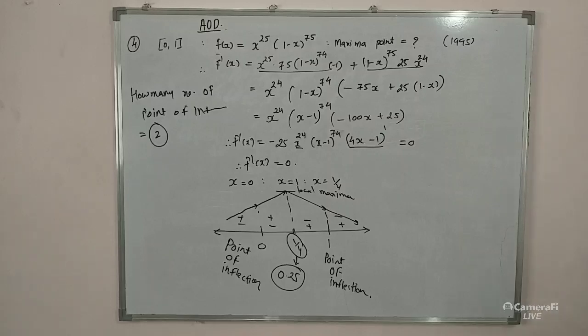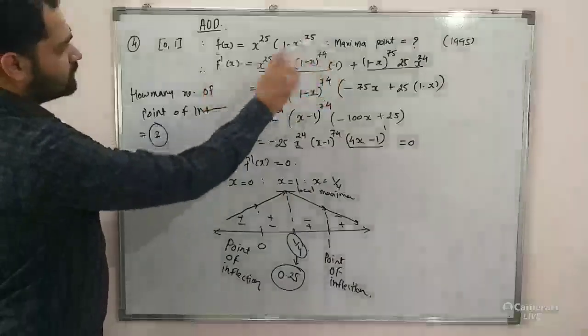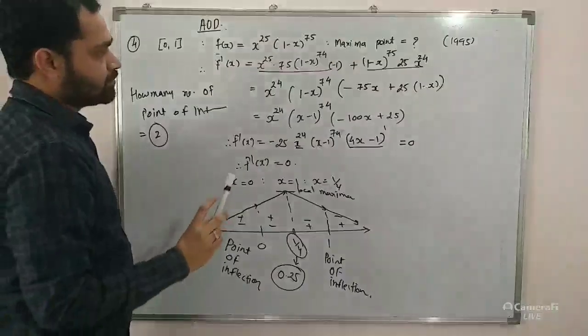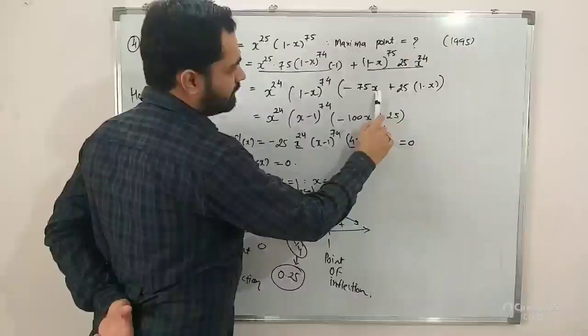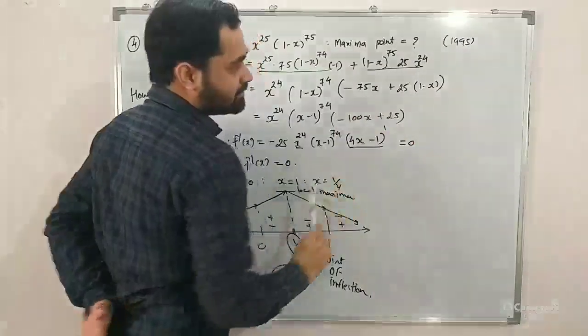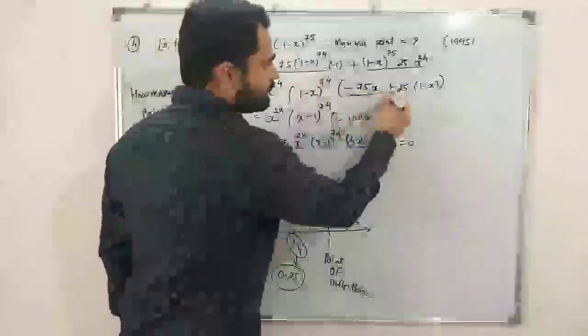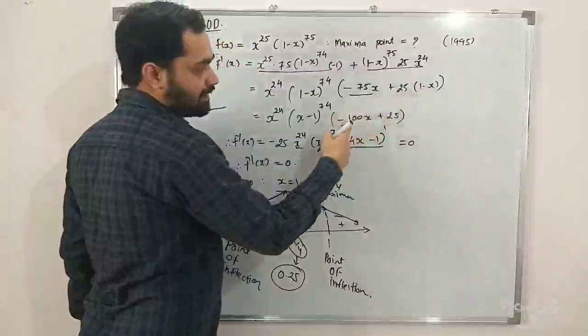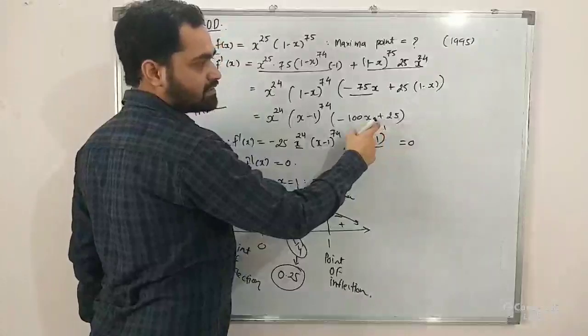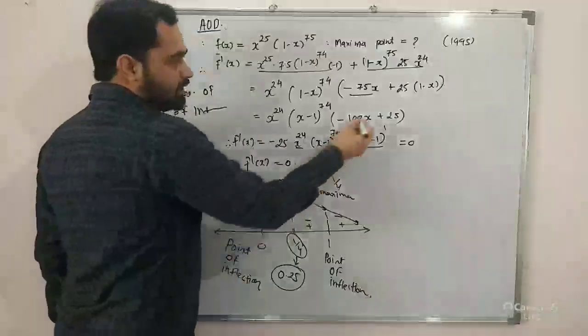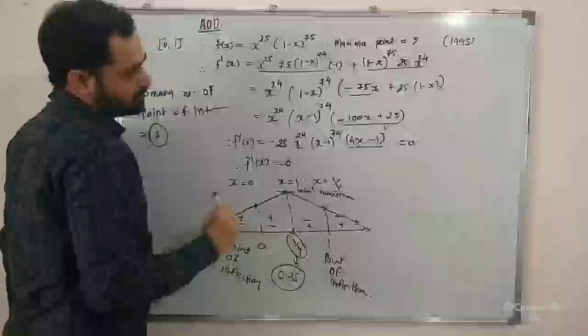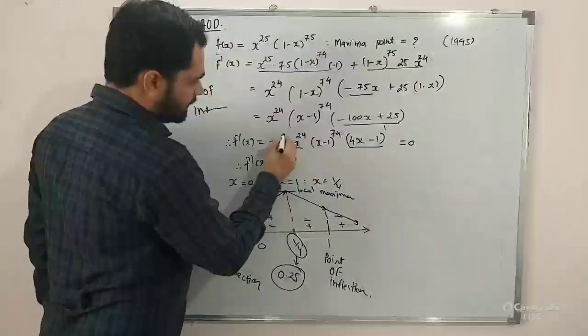Okay, so in the third step, here minus 75x minus 25x. Now look here, minus 75x and minus 25x. It means minus 100x plus 25. In this bracket, we have to take minus 25 common.